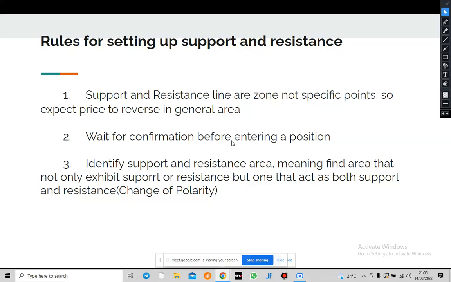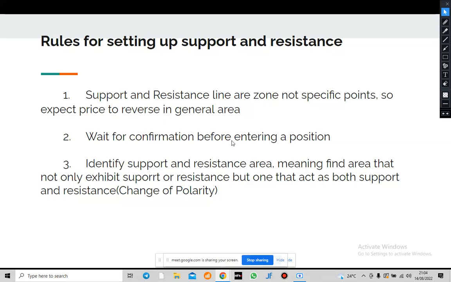I'm going to show you in the chart. Have it in mind that support and resistance are zones, not specific points. So expect price to reverse in a general area.